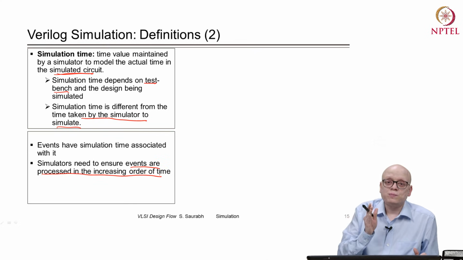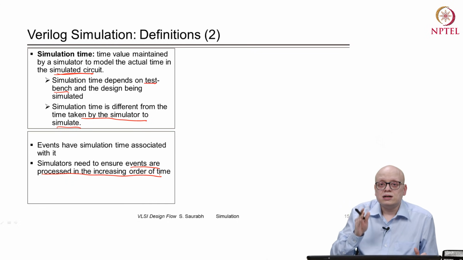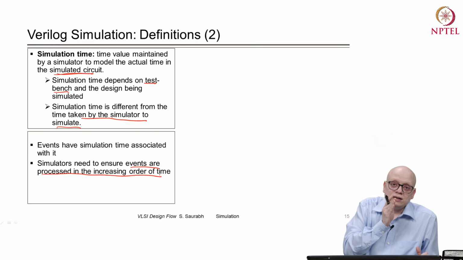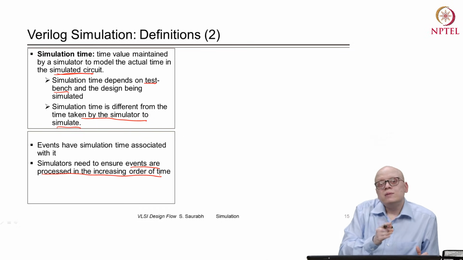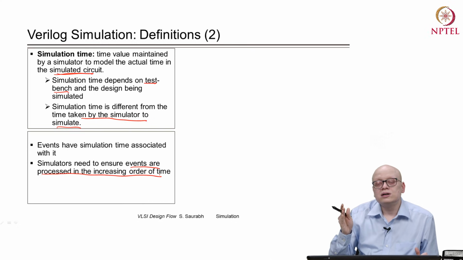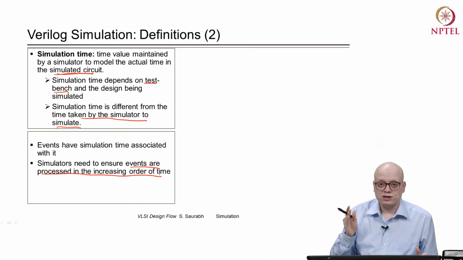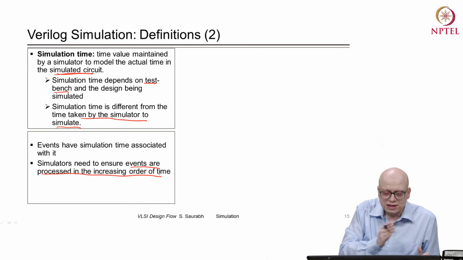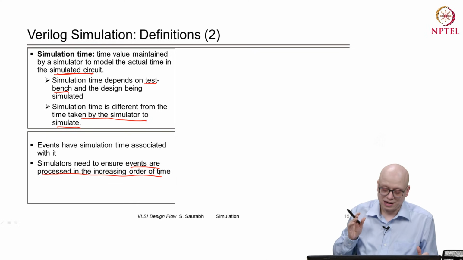So, for example, if an event is at say 10 time units, then it should be processed after it has processed events of 9 time units and before it has processed the events of 11 time units. So, events should always be processed in increasing order of the simulation time.